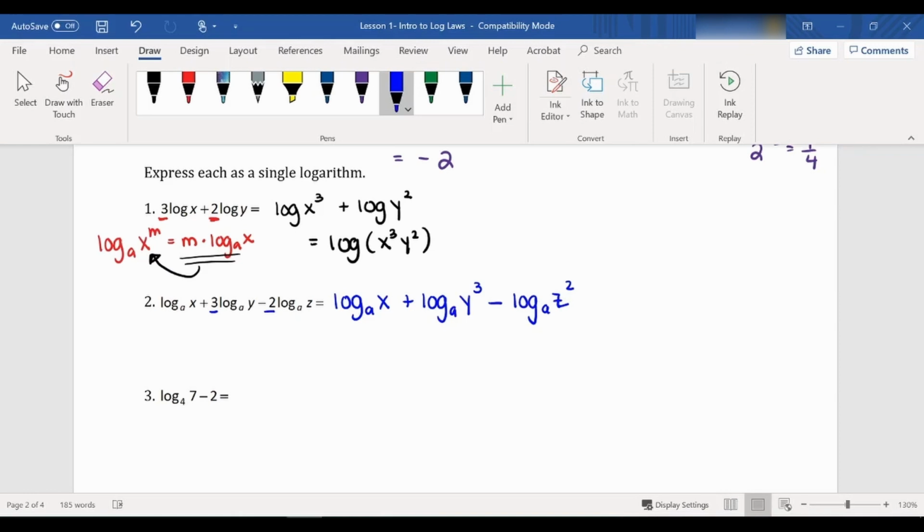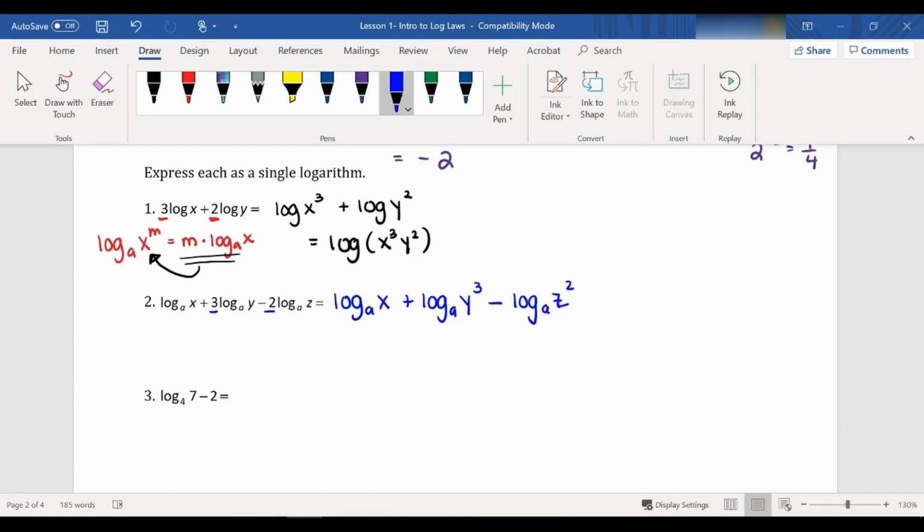Okay. Now I can deal with the fact that we have a product law from the plus and a quotient law from the minus. It doesn't actually matter what order you go in. We know that the x and the y are going to be multiplying because of that plus there, and the z squared is going to be dividing because the minus is in front of that term only.